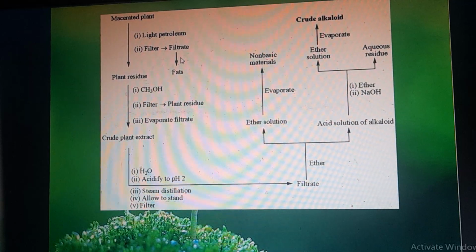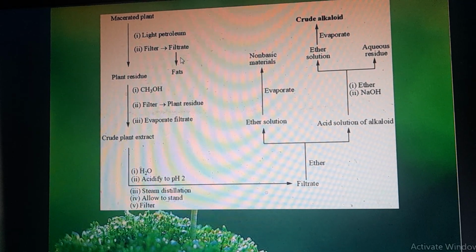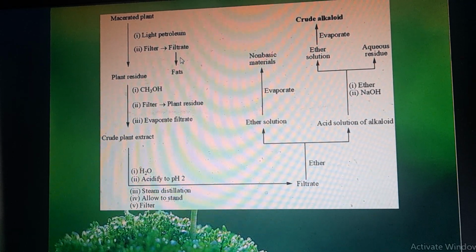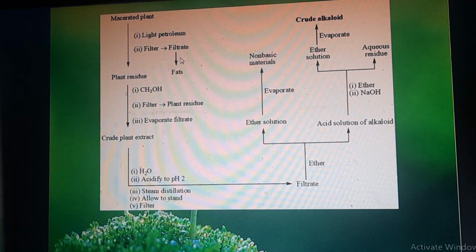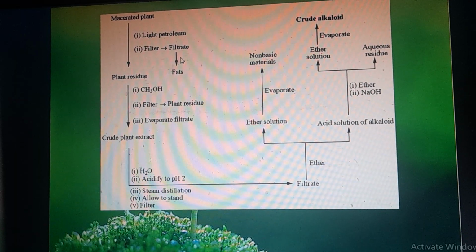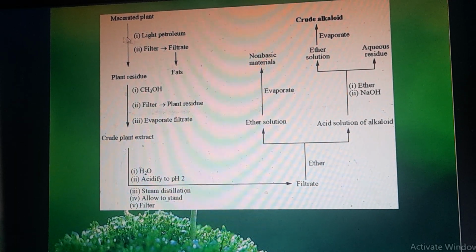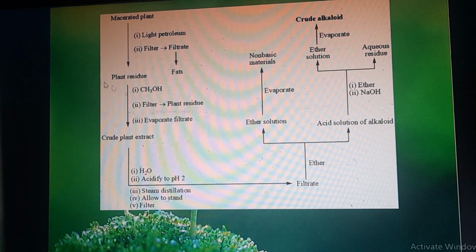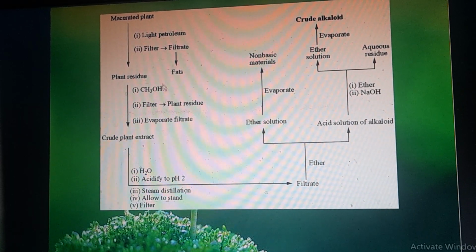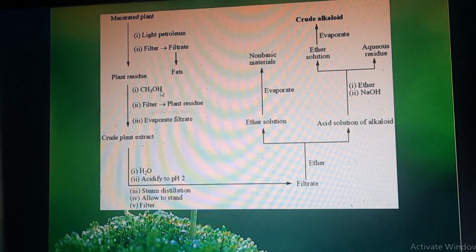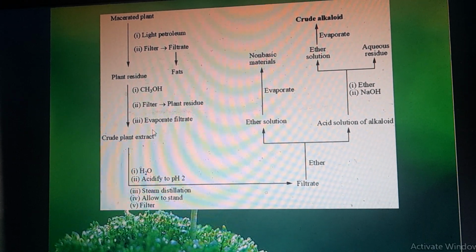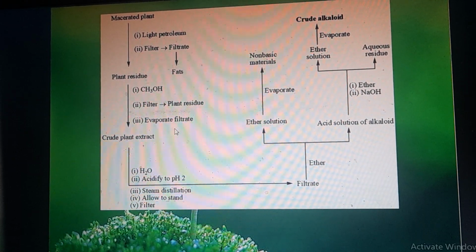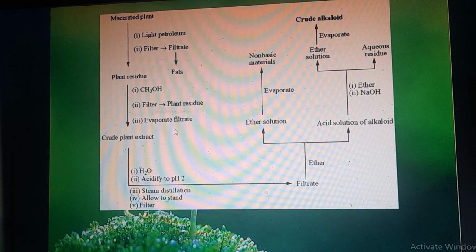It is filtered with petroleum, which is used to remove the soluble fats. After this process, we will get plant residue. Again, we will use methanol to filter out the plant residue. Then evaporate the filtrate by using rotary evaporation.